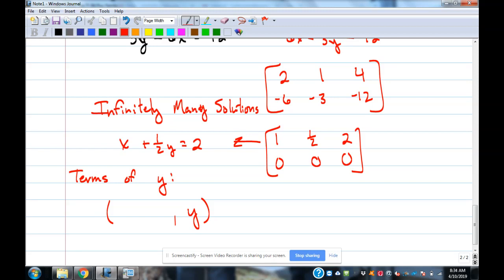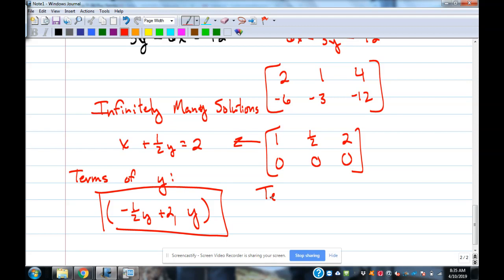So that means I need to get this equation to have an expression for x that has y's in it. So that just means get x by itself. So we would subtract 1/2 y and then get negative 1/2 y plus 2. That's in terms of y.